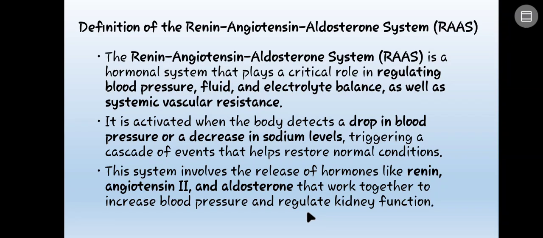So the process involves the release of a hormone we call renin, produced by your kidneys, and then angiotensin 2, and then aldosterone, that work together to increase your blood pressure and regulate your kidney function.